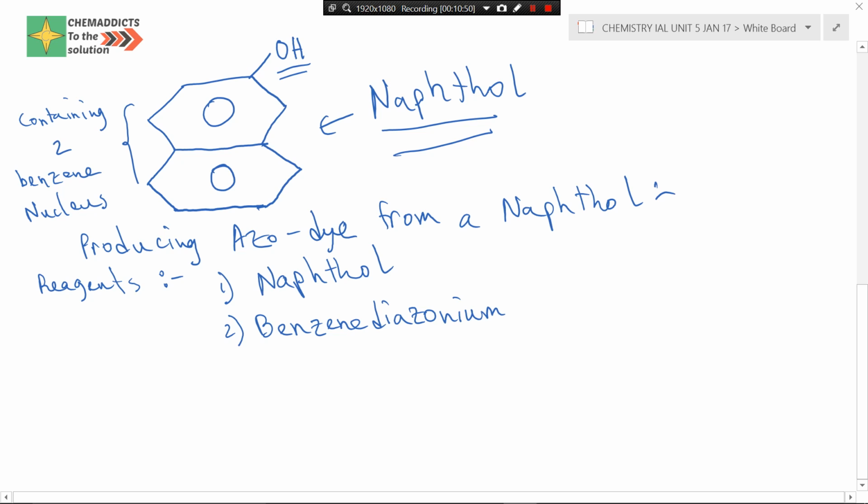Azine, it comes from French. Benzene diazonium chloride or ion. Then the third is dilute sodium hydroxide, which is the medium.